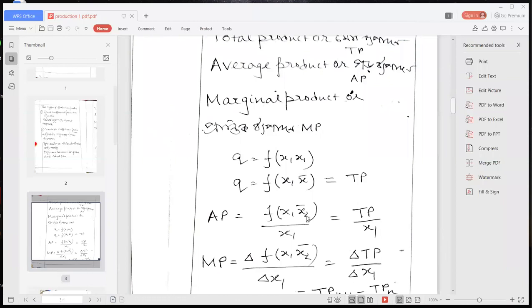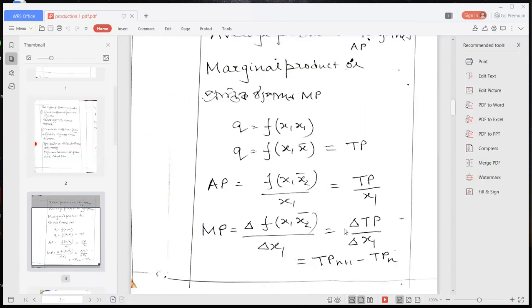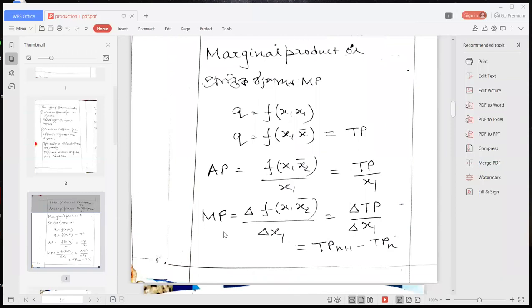Here x2 is kept fixed and x1 is variable, and we get the TP. Dividing TP by the variable input x1, we get AP. And MP is the change in total product divided by the change in variable input.